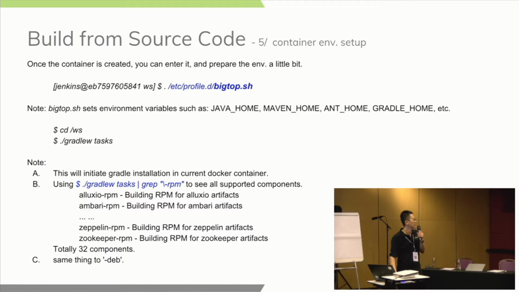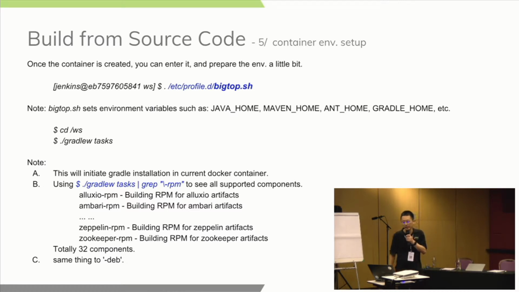This shell file will export the required environment like Java home and Maven home. After that, you can just run all the tasks you want. Here in this example, I'm running Gradle tasks.